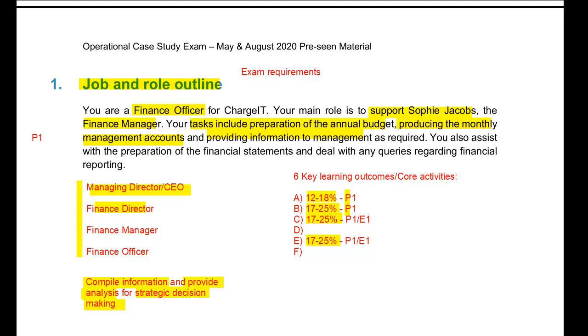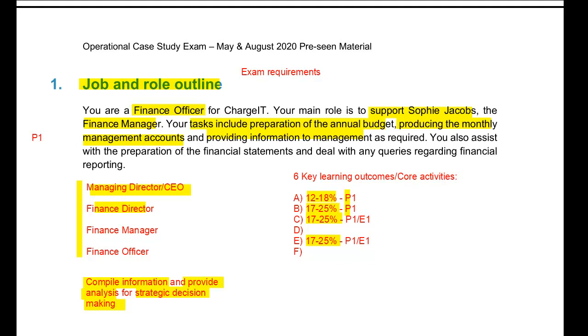While E1 may not be as explicitly referenced in these key learning outcomes as P1 and F1, what is evident is that it is subtly referenced throughout many of these different activities. Content from this syllabus may therefore form a dominant part of a question which accounts for up to 25% of your exam. It's vital that you don't overlook this content and have an awareness that it will feature in some manner within your exam.